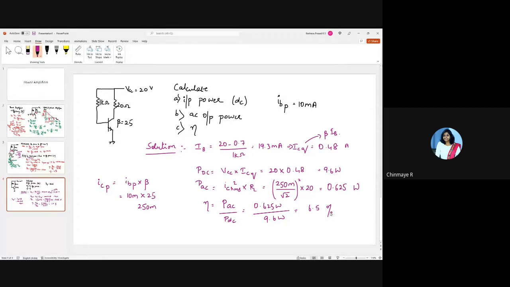So basically we are expecting it to be less than 25% because we do not have the full output voltage swing.